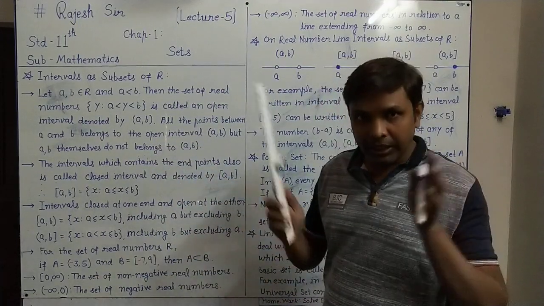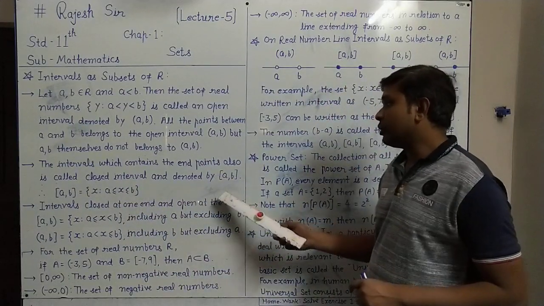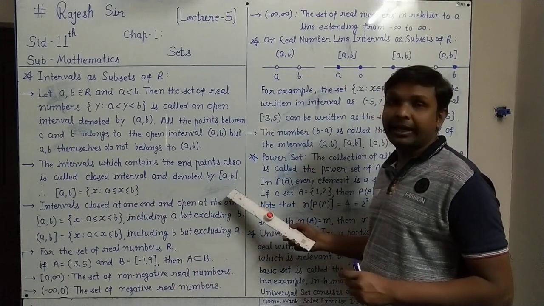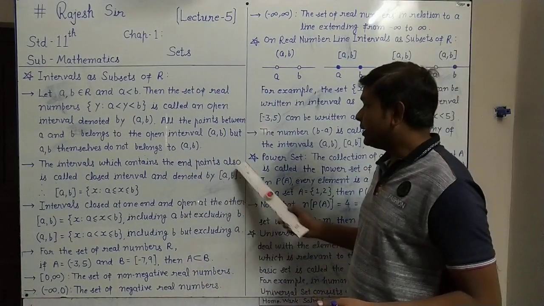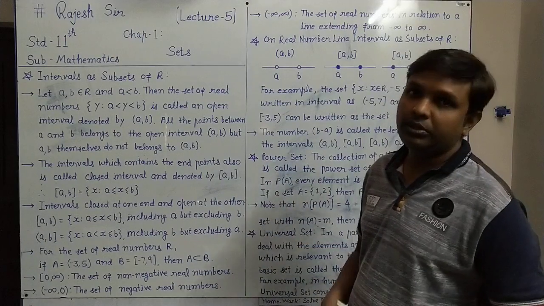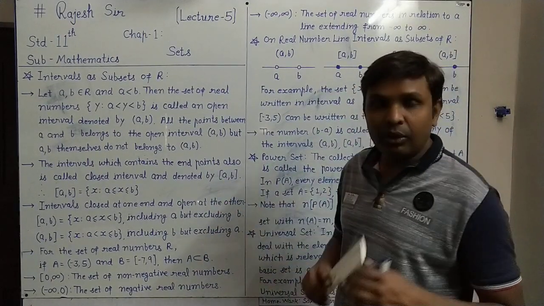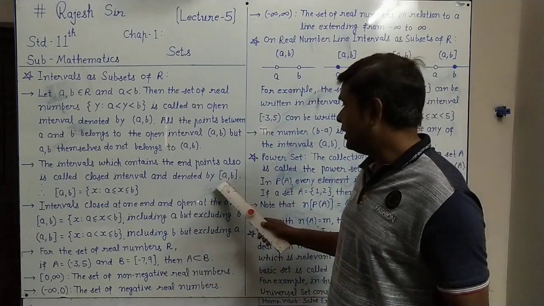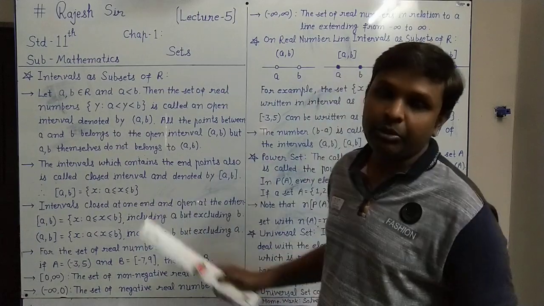If endpoints are included, it is called a closed interval, denoted by big brackets. By small brackets an open interval is shown, and by big brackets a closed interval is shown. In this, all the numbers between A and B are included with A and B also.